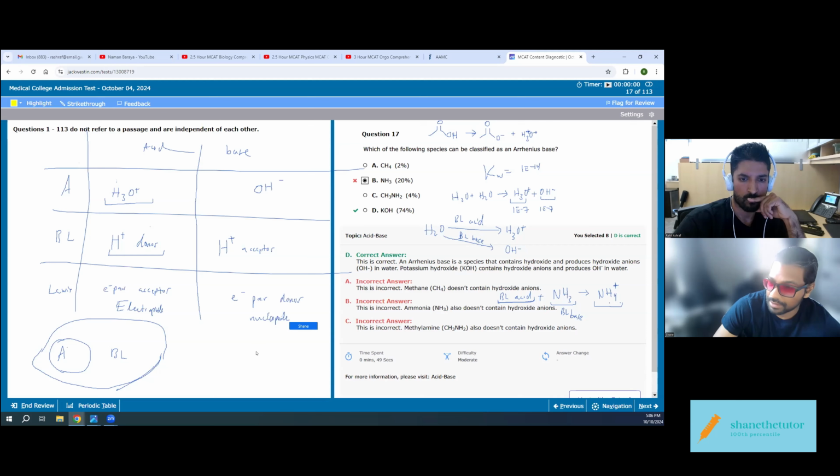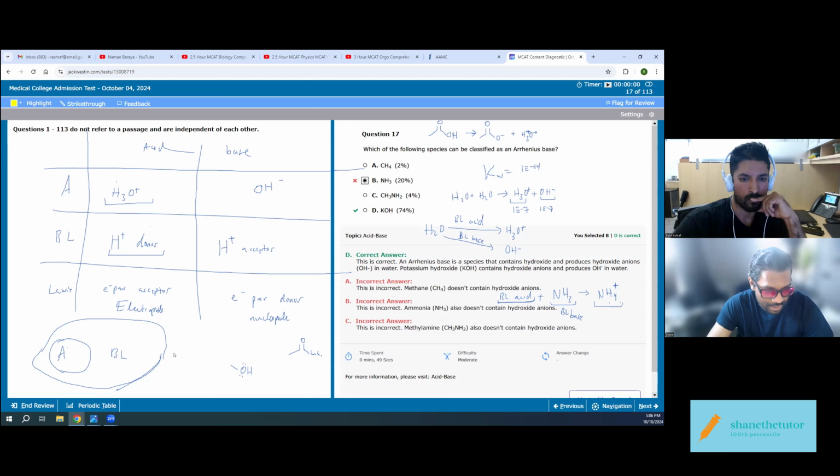Examples of these: I always say the most common nucleophile is a hydroxyl group because it has these lone pairs, and the most common electrophile would be a carbonyl group, like a carbon double bonded to an oxygen.